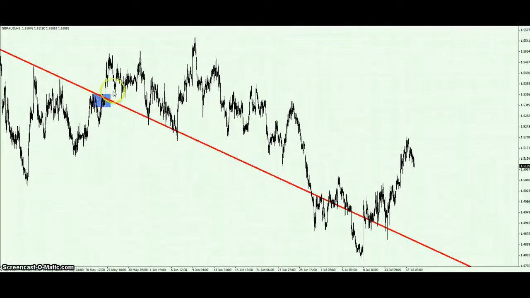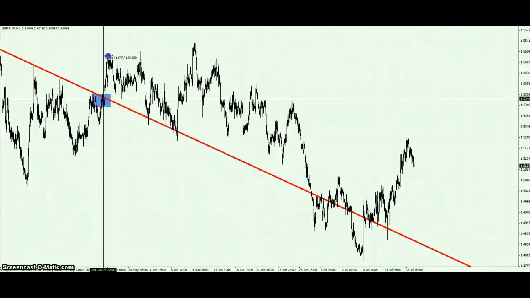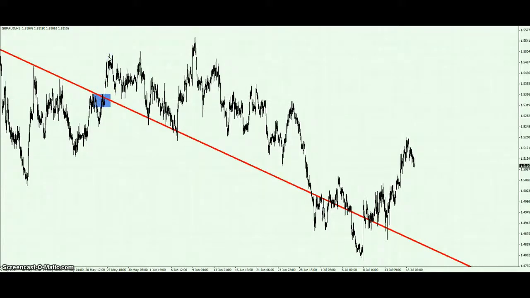So we have here a breach of the trend line. The price pushes forward almost 140, 150 pips, pulls back to the trend line, and the trend line provides support, and again pulls back to the trend line, and again the trend line provides support.